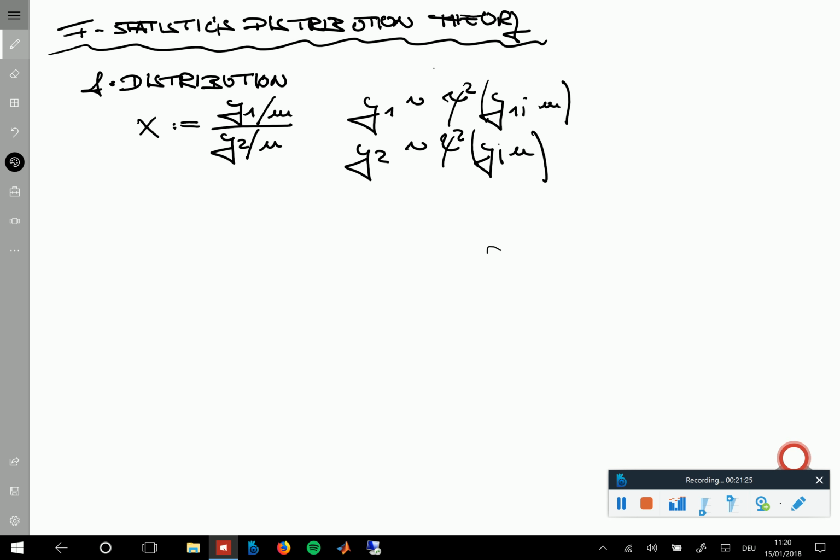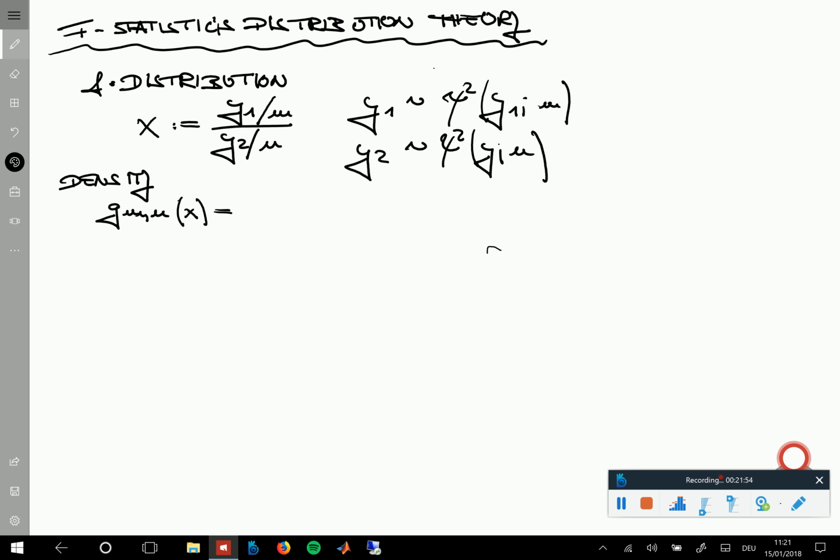Again, the F distribution has a density function, which one can express as a function of these two values for degrees of freedom, m and n, and so this is now the density. And again, this density looks a little bit funky.